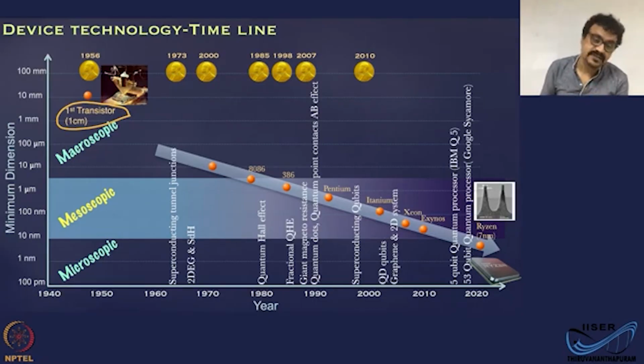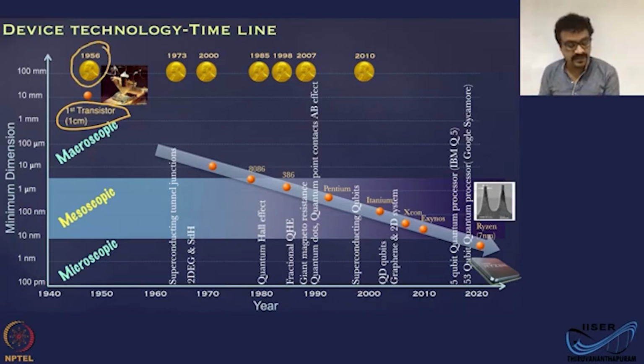It is a transistor, invented in the late 1940s, and the Nobel Prize was awarded for that invention in 1956. It's a big piece of semiconductor. When I say big, it's like 1 centimeter in size.